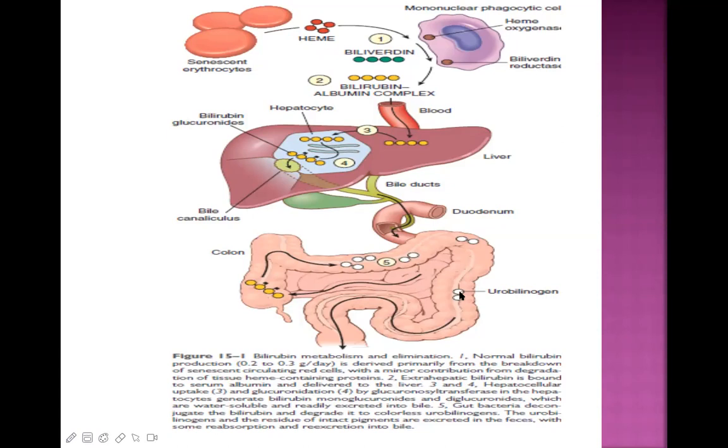This urobilinogen will convert into stercobilinogen and stercobilin, and some of it is excreted in the stool, which will give natural color to the stool, and some of the urobilinogen will be reabsorbed and go into the blood again and then be excreted in the urine. That's why it is urobilinogen. Uro means urine. So this is one of the very important points.